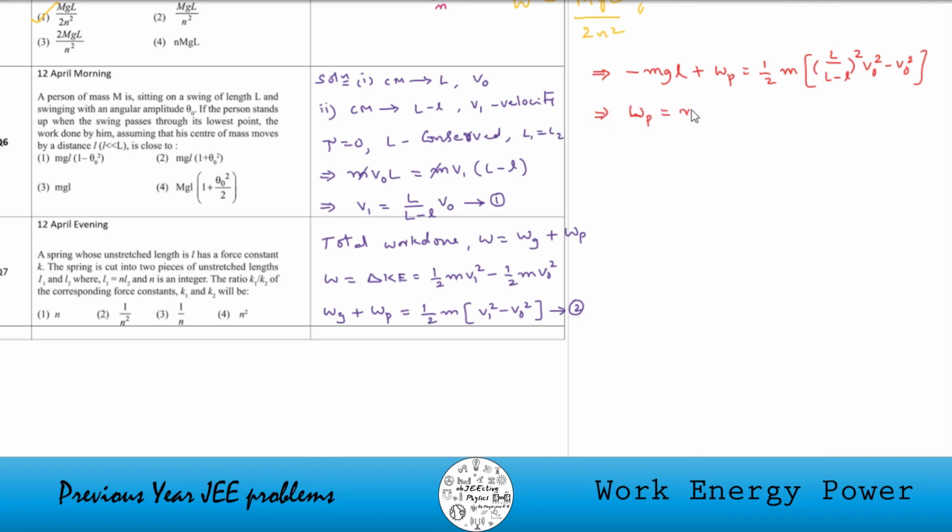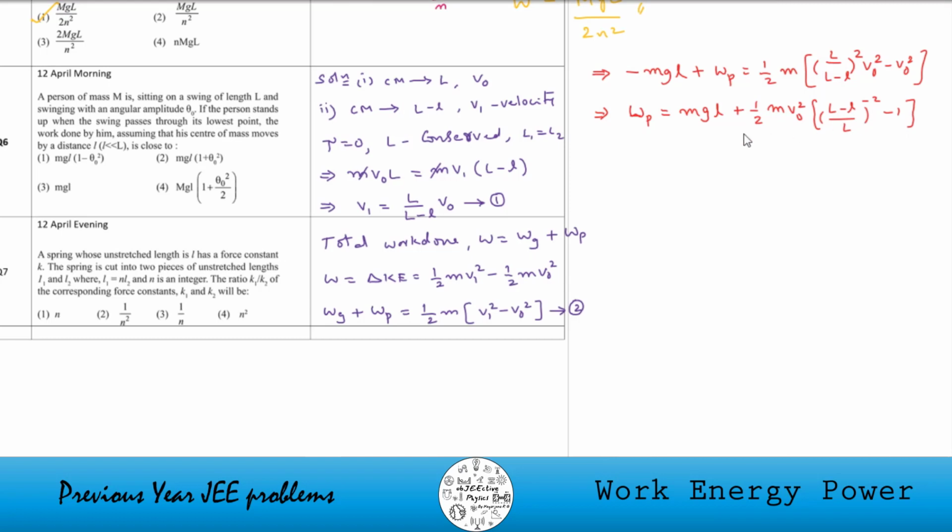Wp can be written as this: minus MgL becomes plus MgL on the other side, plus half m V0 square taken as common, and I can write the reciprocal here, (L minus small l by capital L) whole to the power of minus 2, minus 1.